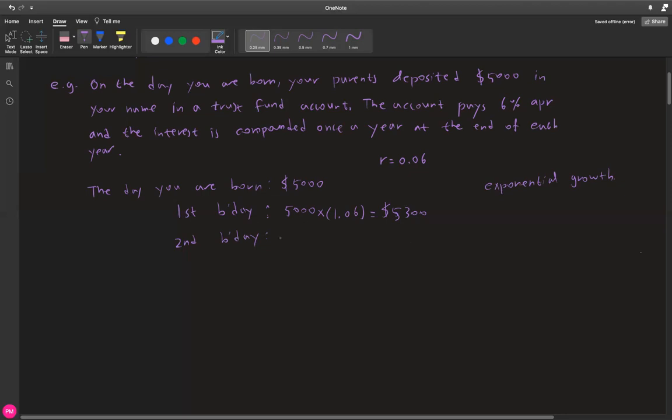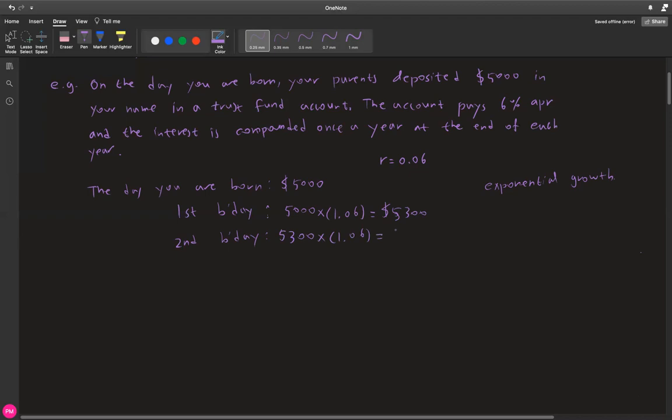So instead of simply adding $300 on this amount, what you have to do is you are taking this $5,300 in your account and you're multiplying it by 1.06 again.